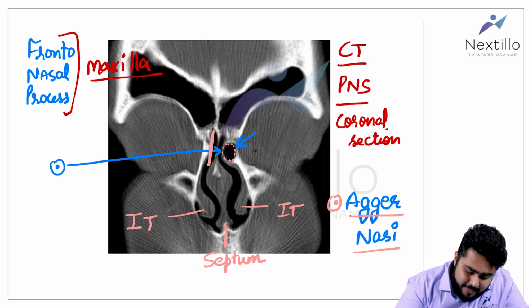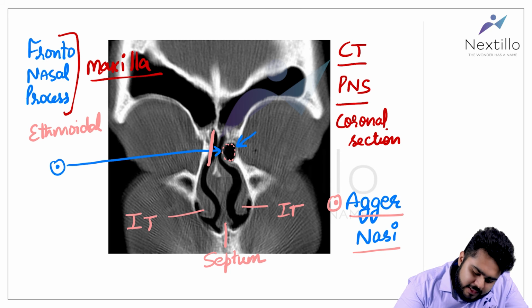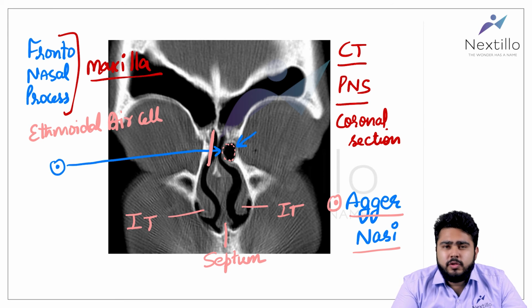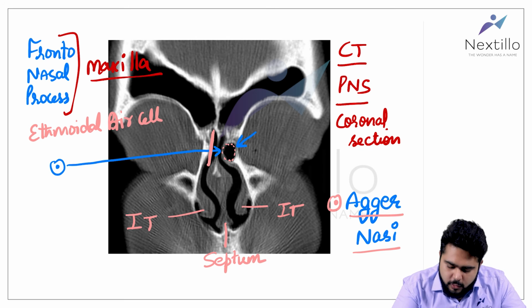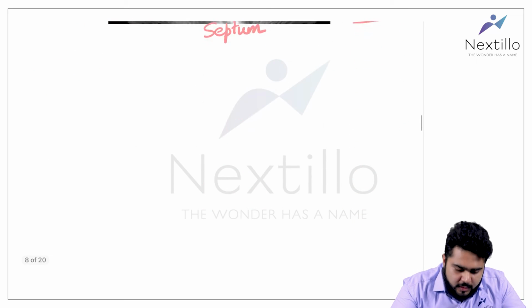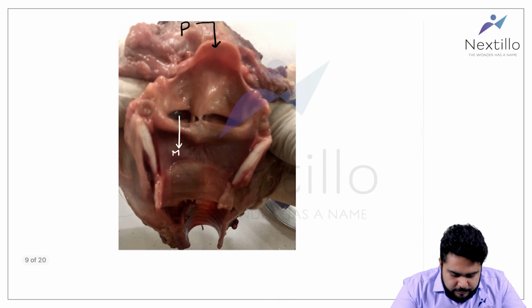So ultimately it's an ethmoidal air cell only, but it's not present in the ethmoid bone. It is pneumatizing the frontonasal process of the maxilla. That is why it is placed so anteriorly, very anteriorly. Okay, this is agar nasal. Let's move to the next picture.